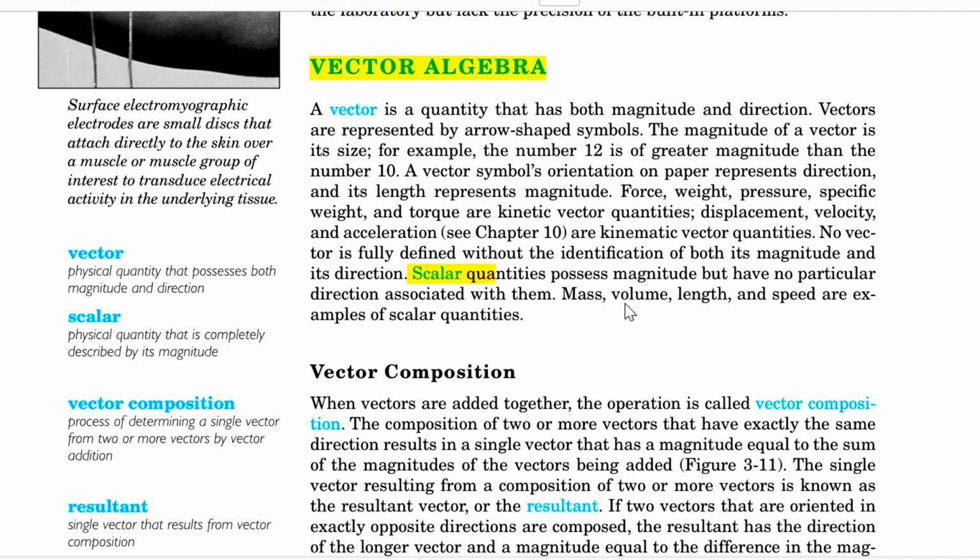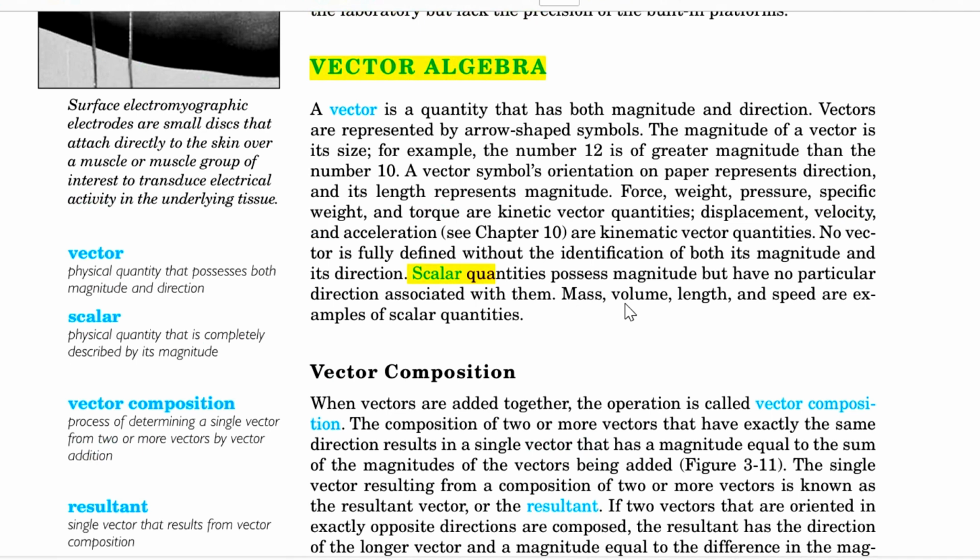Quantities like mass, length, volume and speed don't have any direction; they are scalar quantities. There is no requirement for mass to have direction, nor length, volume or speed. They only have magnitude, the size of itself.